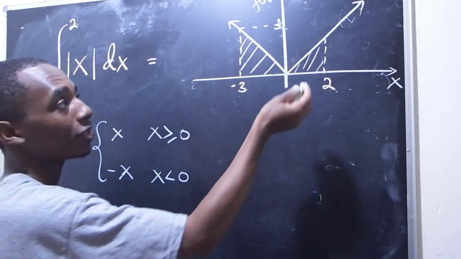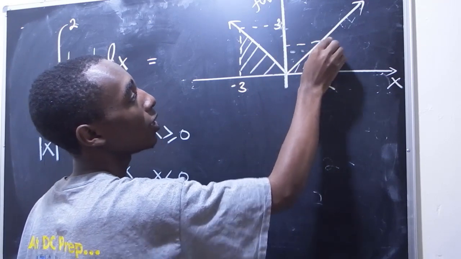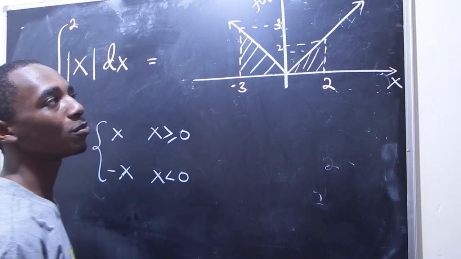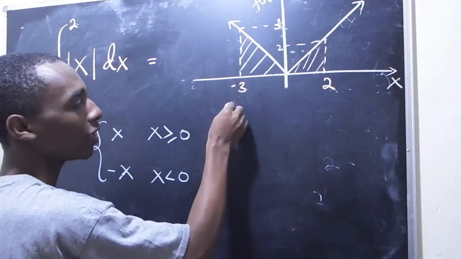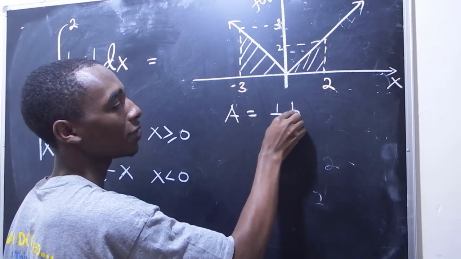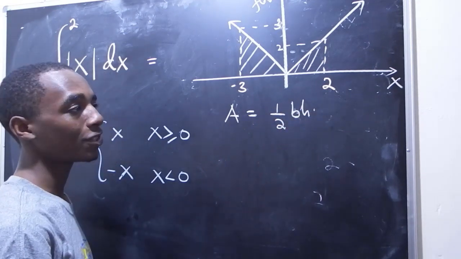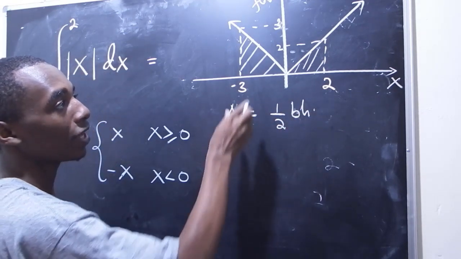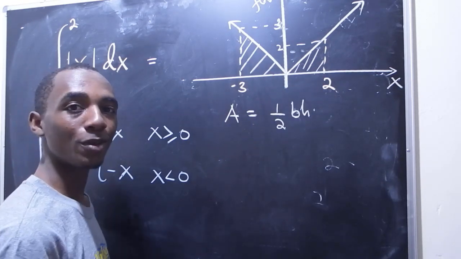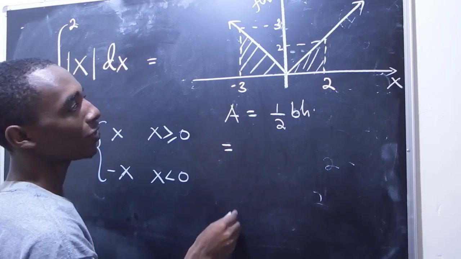Remember what we talked about, absolute value functions. Also, if I have +2 here, obviously that's going to be +2. And I know that the area of a triangle is a half times the base times the height of that triangle. So let's find the area of this triangle plus the area of this triangle, and that's going to be our integral.